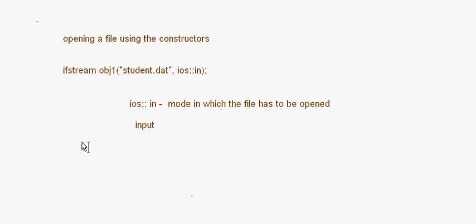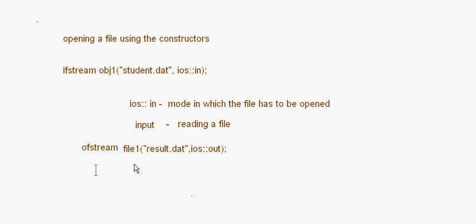Okay, now supposing I want to use this ofstream. Ofstream is for output. Now ifstream is input, here I have written input. This is for reading a file, right? Now when I write ofstream, again I'll take one more object like this, ofstream file1, and here I write result.dat, ios::out like this.